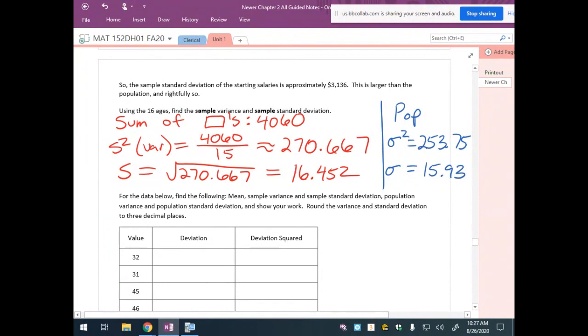If you notice, the sample statistics are larger. I'm going to give this explanation again, because I like to share it anyway. Basically, it gives us more room for error when we do sample statistics.